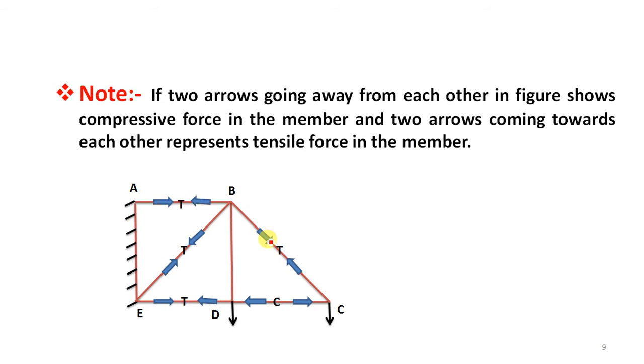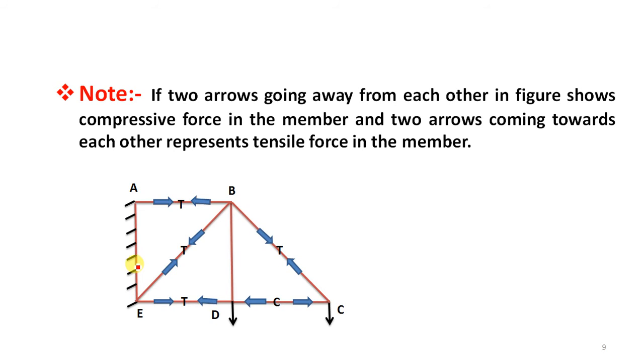Now if you observe, this is one of the examples of a truss. This truss is known as a cantilever truss. Why is it called a cantilever? Because one part is fixed and the other part of this truss is free, or there is no support at the other end of this truss. So it is known as a cantilever truss.